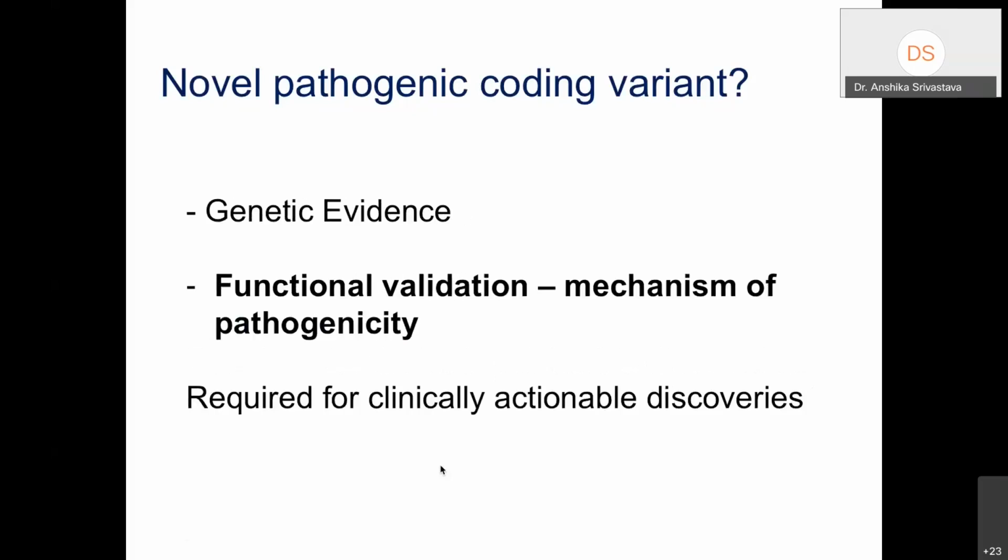Genetic evidence: we have already shown how we are able to identify the genes through whole exome sequencing. Once we identify through whole exome sequencing, we can do Sanger validation, and then we move on to functional validation for mechanism of pathogenicity.